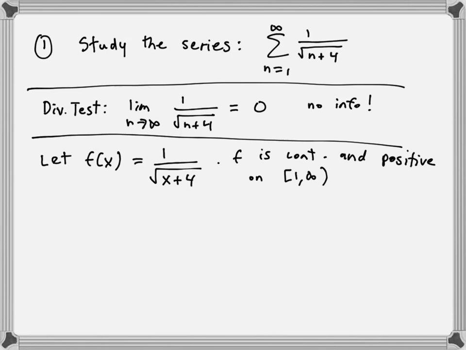But what about decreasing? This is always the trickier part. In this case, it's not that bad because of the nature of the function, right? The usual easy way to do it, or one way that always works, is to take a derivative. So what is f prime of x equal to?